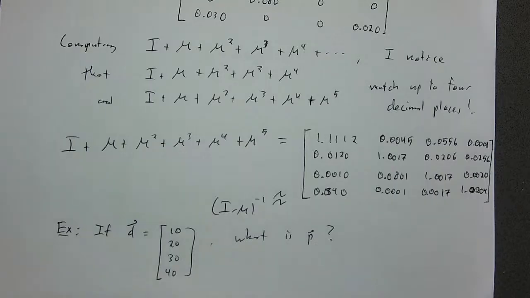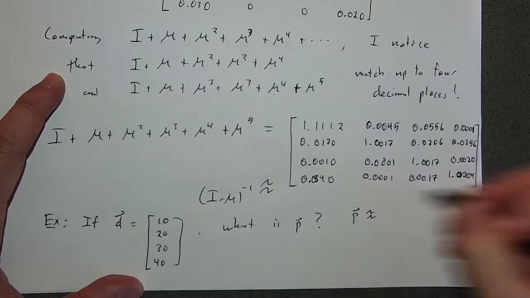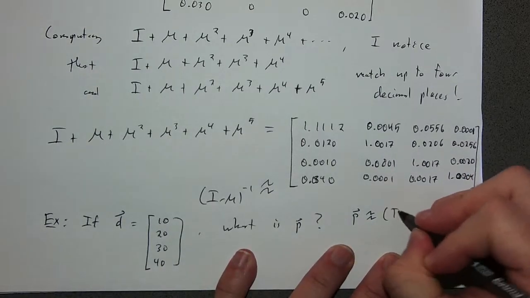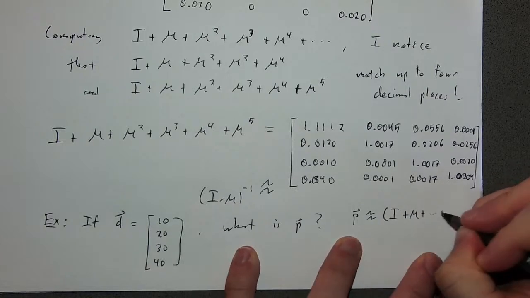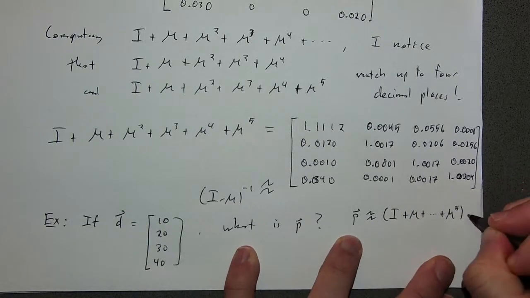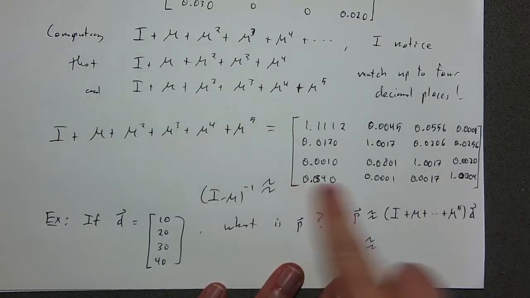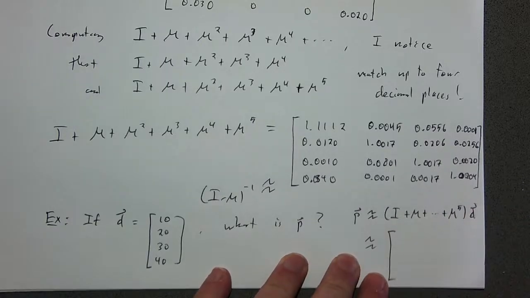Well, this production vector P is approximately this thing up to M to the fifth times D, which is, if you actually multiply this thing by this vector, these are the entries that you get.